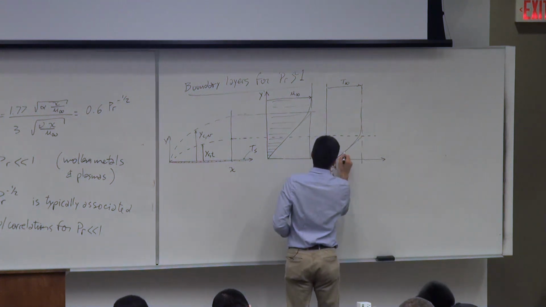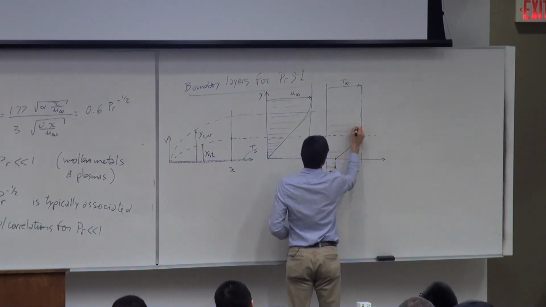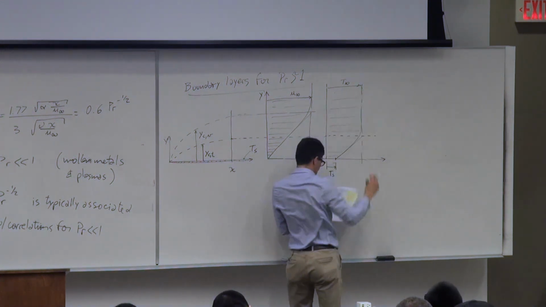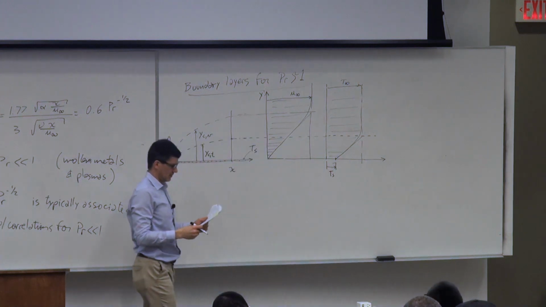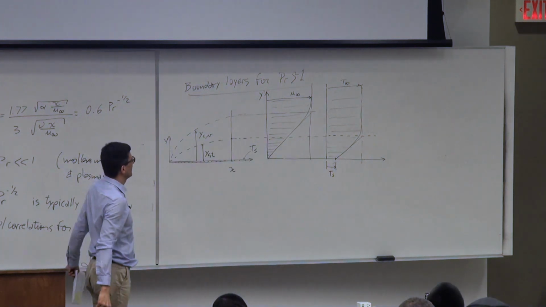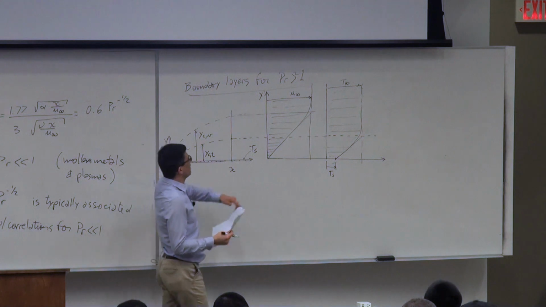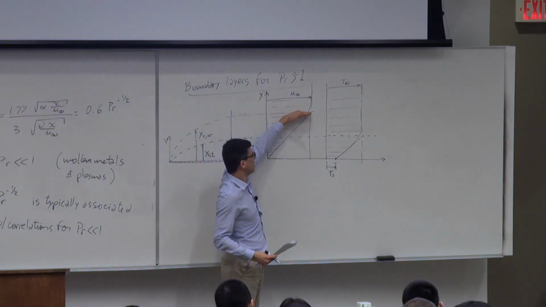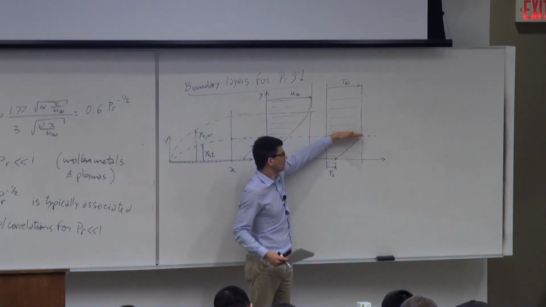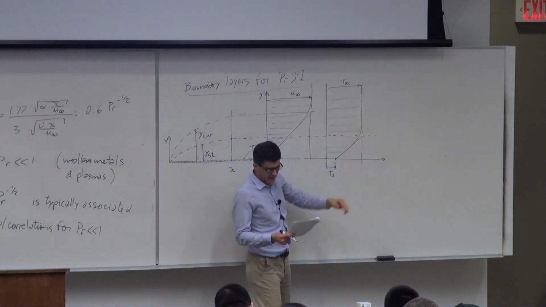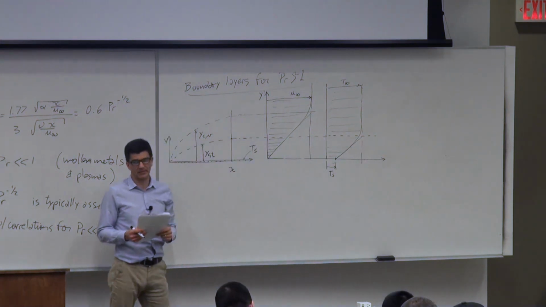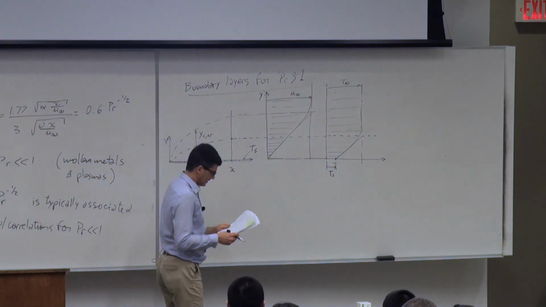And this is going to be our temperature boundary layer. All right, you see, viscous boundary layer is thick. Temperature boundary layer is relatively thin. This is the case of chemies. So this is the one you care about.